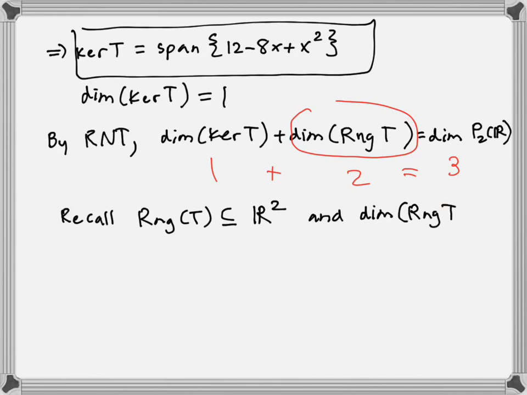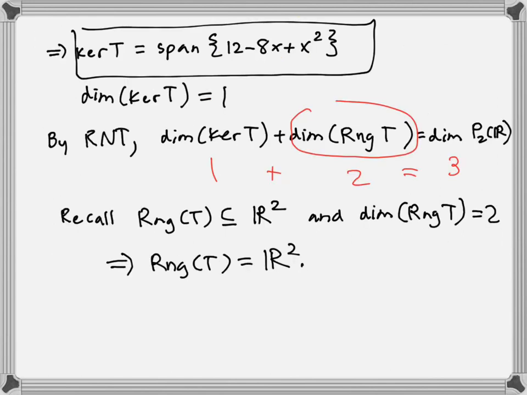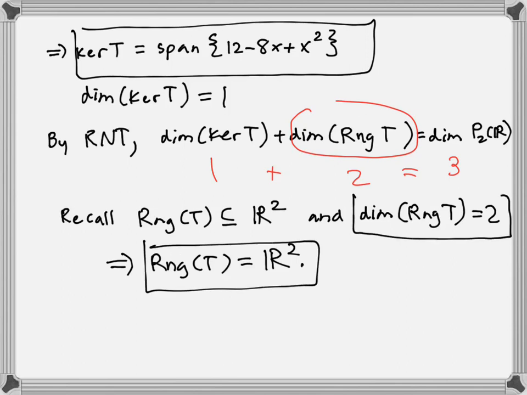What does that mean? It means it has to be all of R2. So we just saved a lot of time there. In other words, the range gives you everything. This transformation gives you every single vector in R2. Okay, so there we go. There's the range, and there is the dimension.